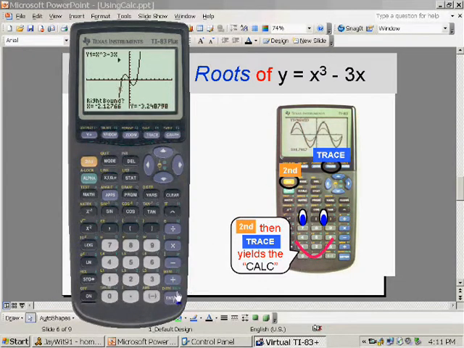And I'll hit enter. Then it asks me for a right bound. So I need to be to the right of what I want to find. I'm going to hit the right arrow. Now I know I'm to the right of it. I don't want to go too far to the right, or I'll be to the right of the other one as well, and the calculator won't know which one to give me. So this is far enough, and I'll hit enter.